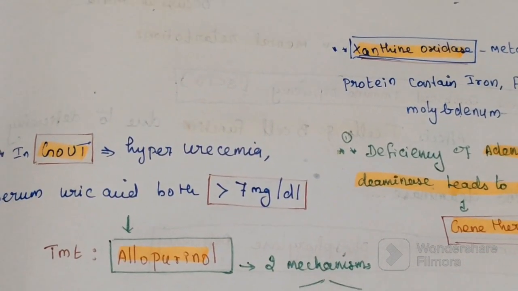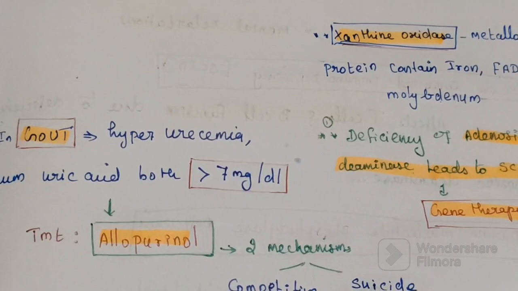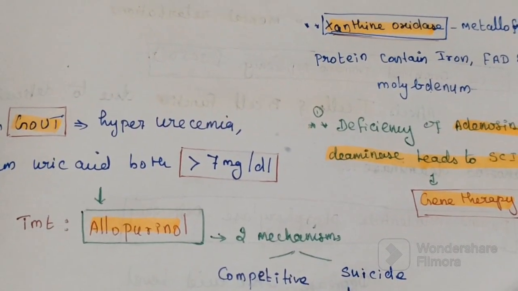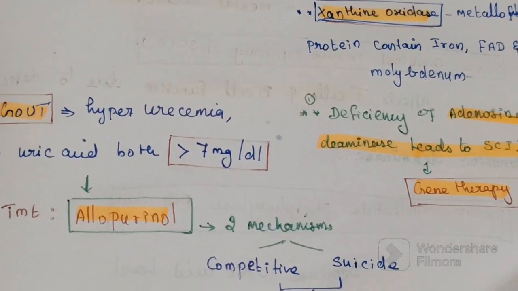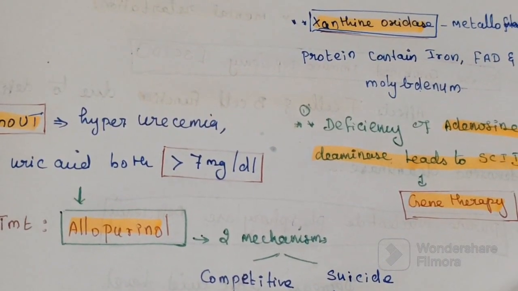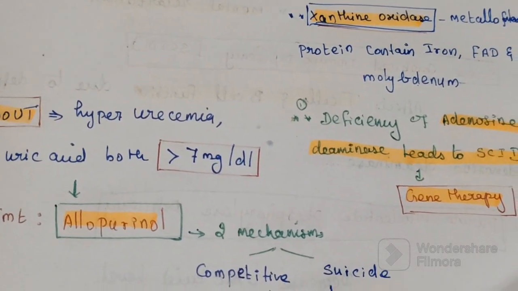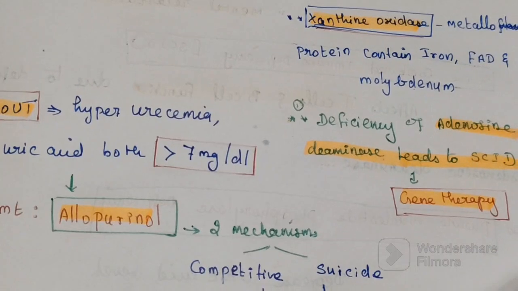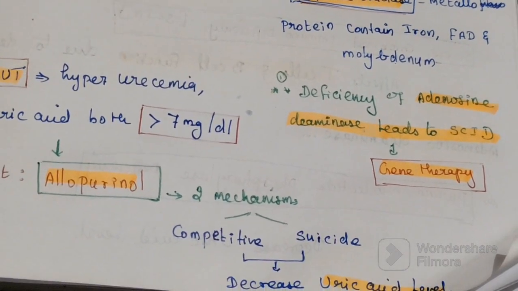Allopurinol inhibits xanthine oxidase by two mechanisms. The first is a competitive mechanism, and the other is a suicide mechanism, and it decreases uric acid level. This is all about degradation of purine nucleotide.